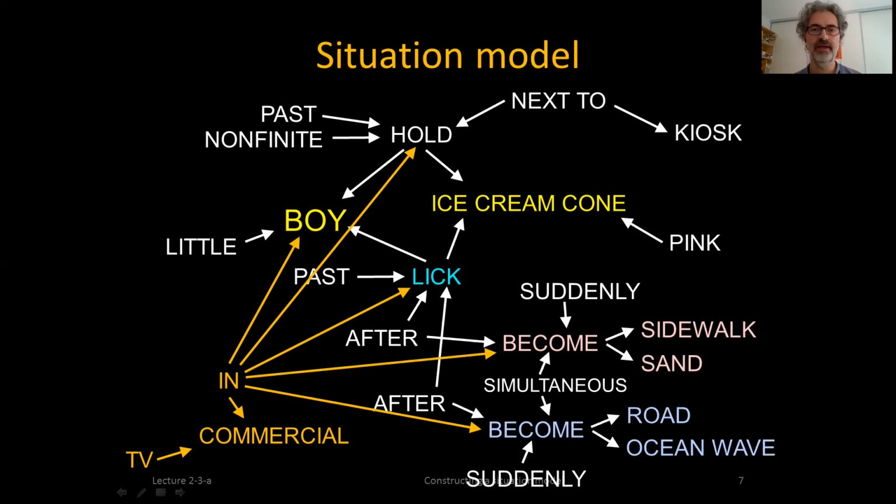In order for everything to connect, I have to make the inference that everything happens or exists within a TV commercial. I'm not representing the thing about the detergent and the magic. I'm just representing here the part of the structure that concerns the first couple of sentences.